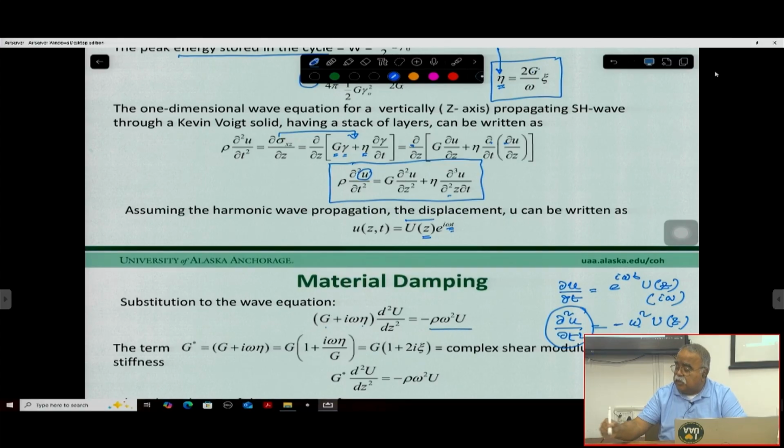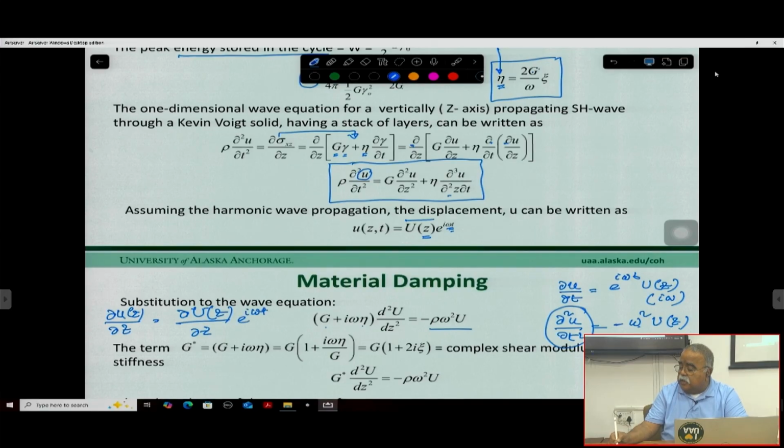Now if you take the derivative with respect to z, it will be dU dz into dz, and if you do it again, there will be an i, one i always like this, right?